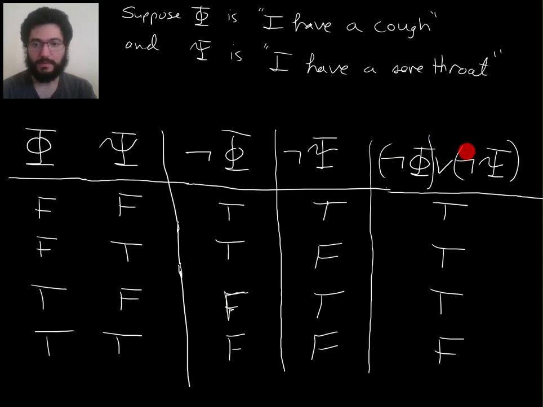This would say either I do not have a cough or I do not have a sore throat. In a situation where I do not have a cough and I do have a sore throat, it's definitely true that either I do not have a cough or I do not have a sore throat, because I do not have a cough. Hopefully that makes some intuitive sense.